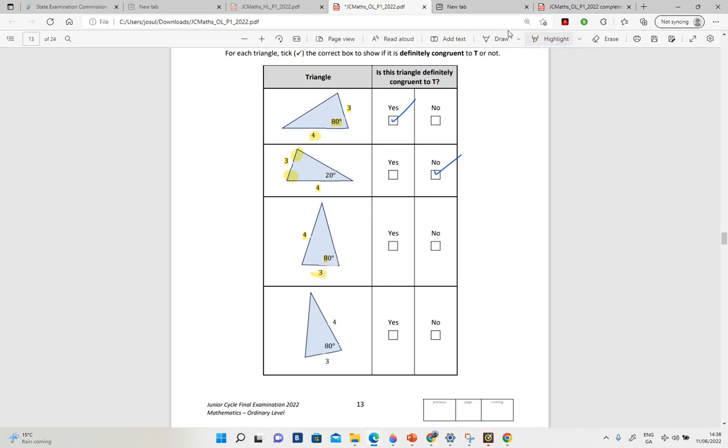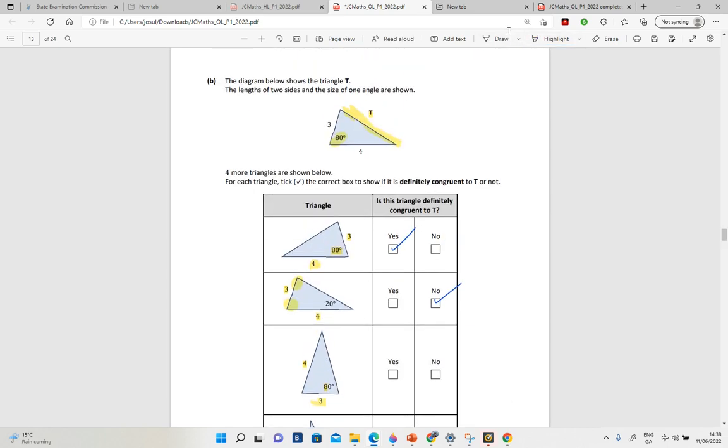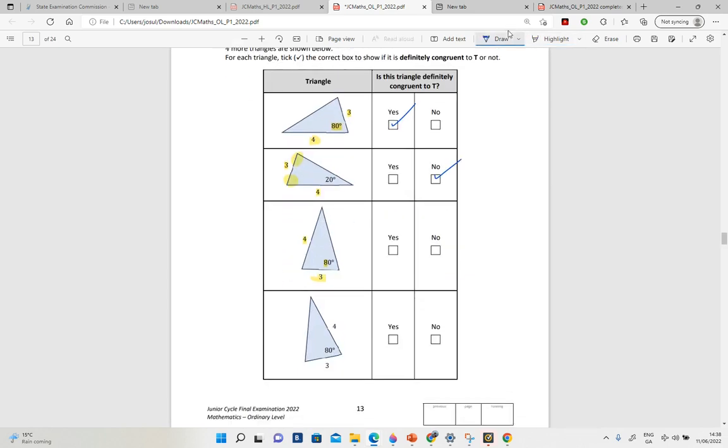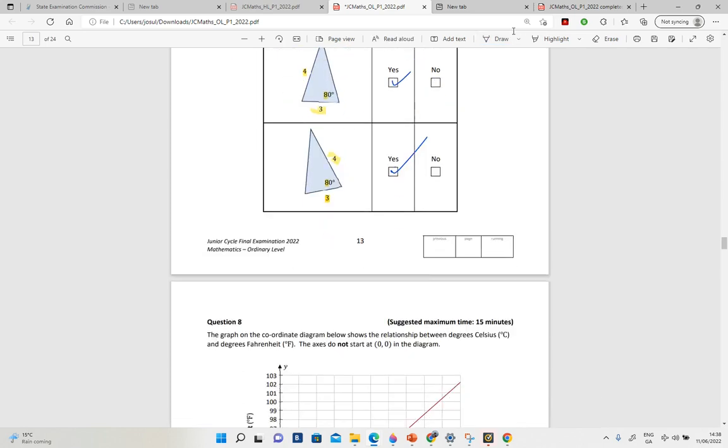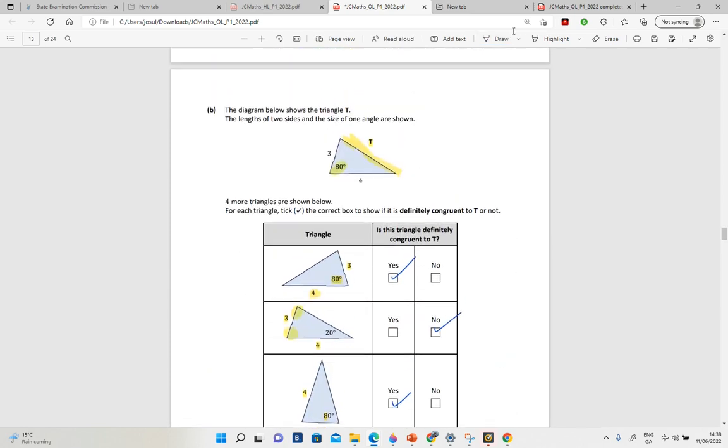That actually looks the same as the one up here, so we can say this one is also congruent. The last one, the long side is 4 and the short side is 3, and the angle is also 80. So this is also a way to test the congruence, and we're good with this one as well. So it's only the one that we can't be sure about. That's all they're looking for there. So that's the end of question 7.